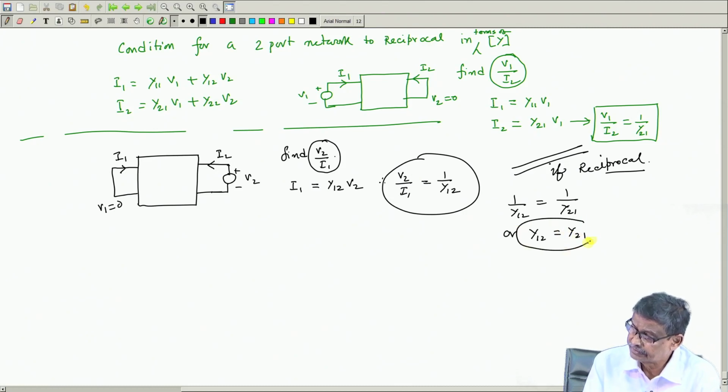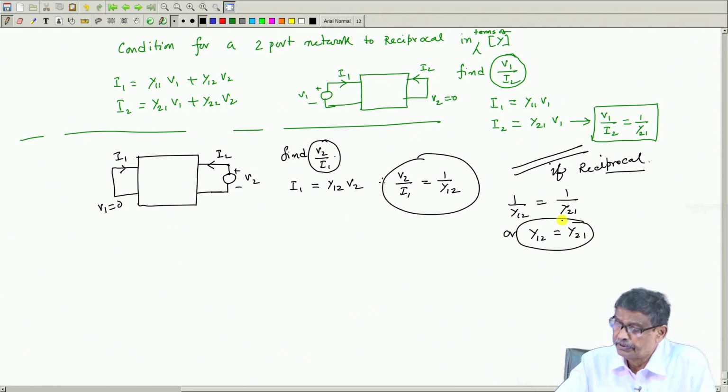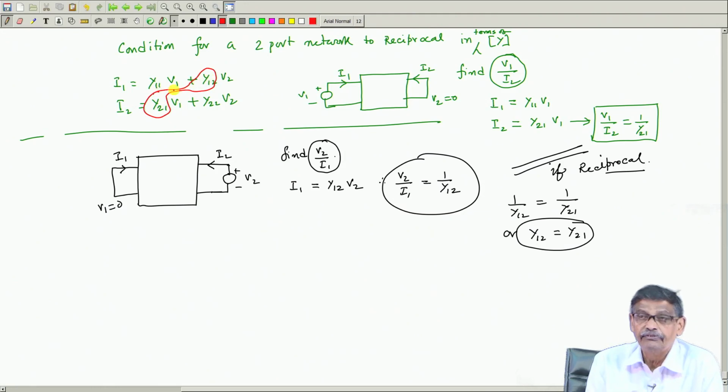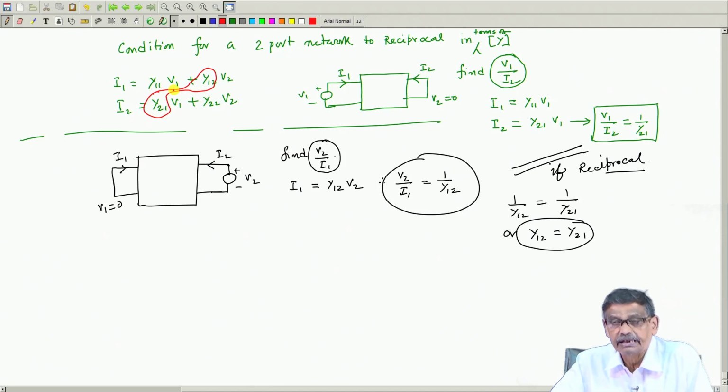This is the condition, that is off diagonal elements should be equal. So, these two values should be equal if it is to be reciprocal. Once again, looking at the admittance matrix, I will be in a position to conclude y 1 2 is equal to y 2 1.